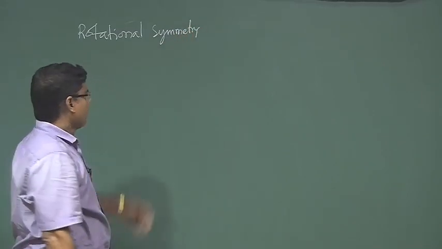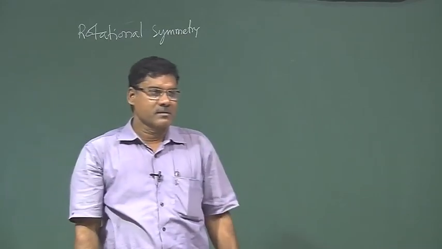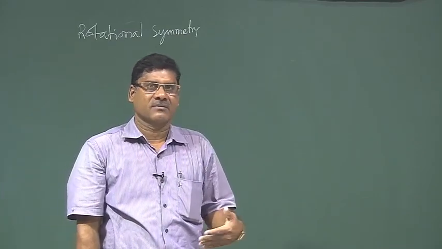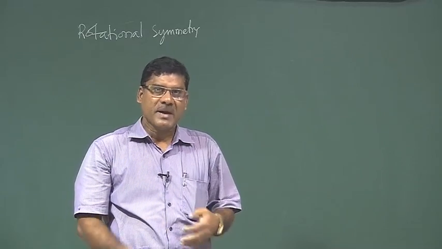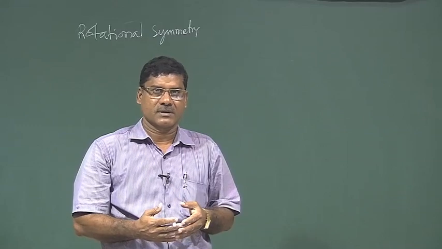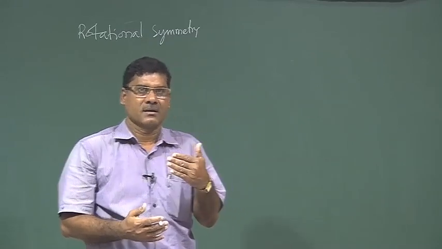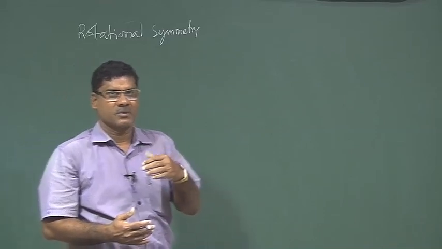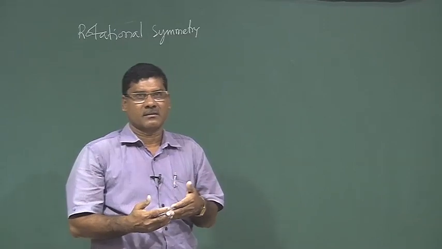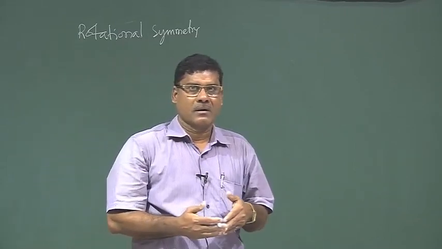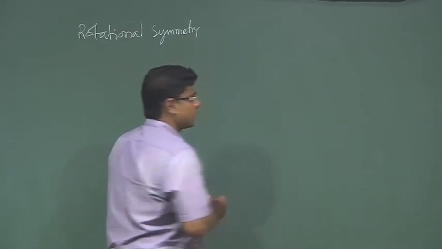So, we found that there are many different axes of rotation. If you rotate the crystal with respect to those axes, you will have the symmetry, but there are differences in how many-fold symmetry different axes have.